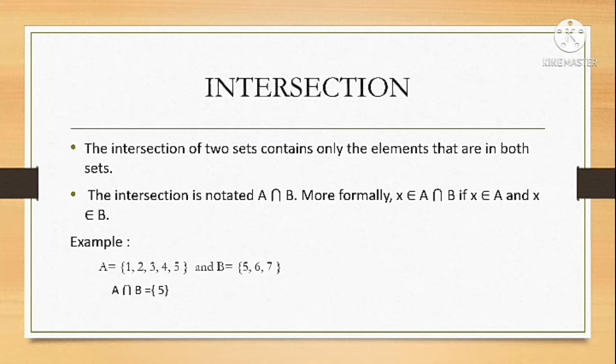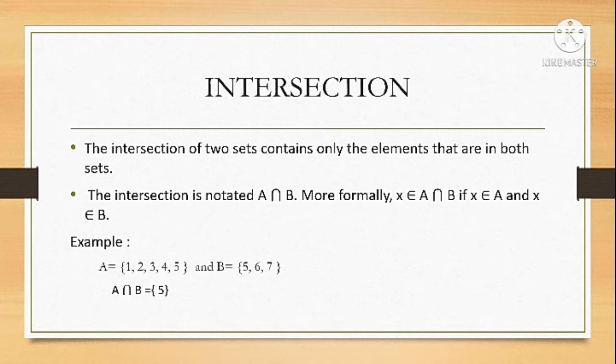Intersection. The intersection of two sets contains only the elements that are in both sets. The intersection is notated like this, A intersect B. For example, set A elements are 1, 2, 3, 4, 5, and set B elements are 5, 6, 7.